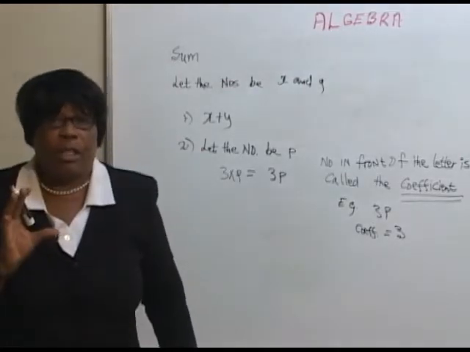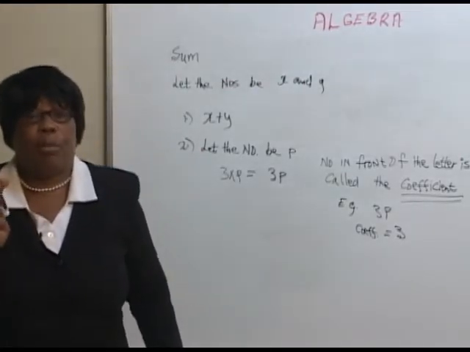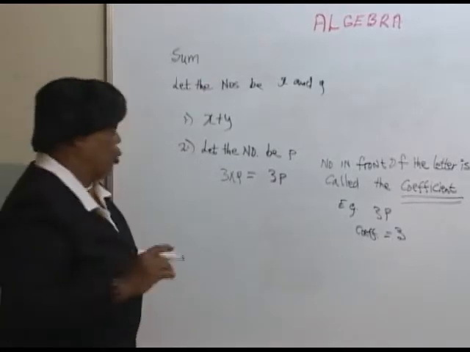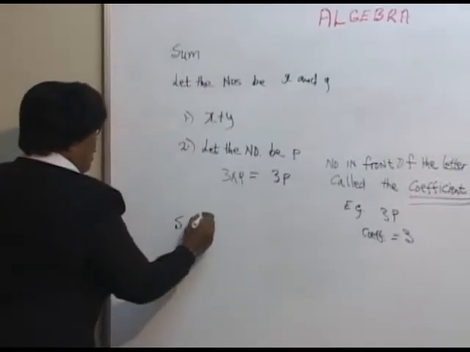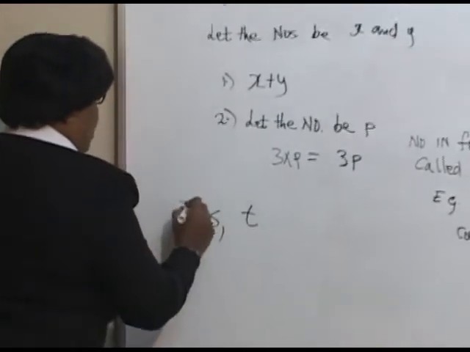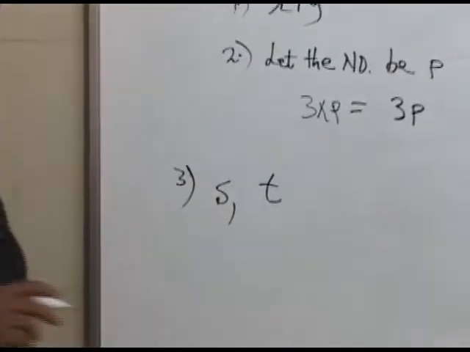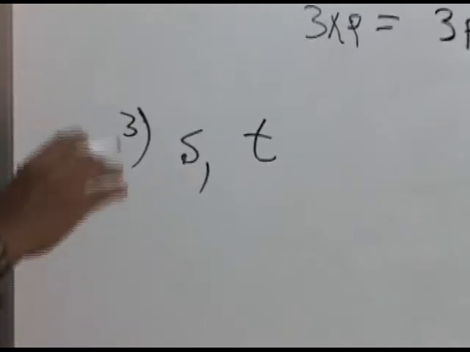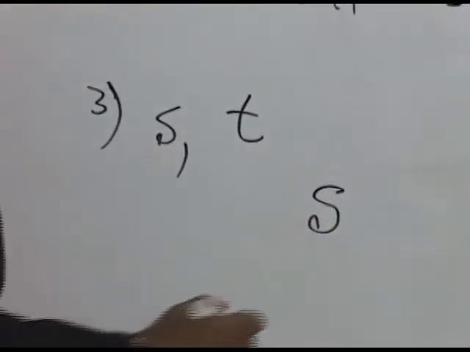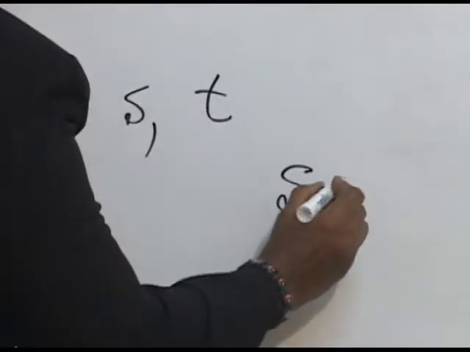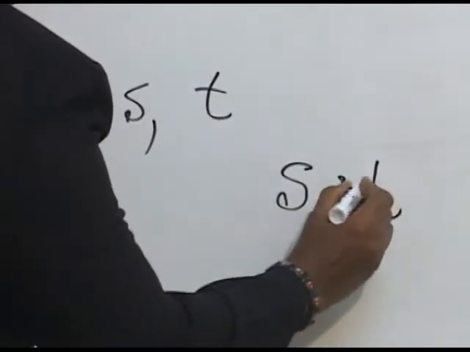If the numbers are not given specifically, then we choose what letter we want to use. So here we could have been using S, and we could have been using T. All right? And if we are dividing one number, S, by another number, we put our symbol divided by T.